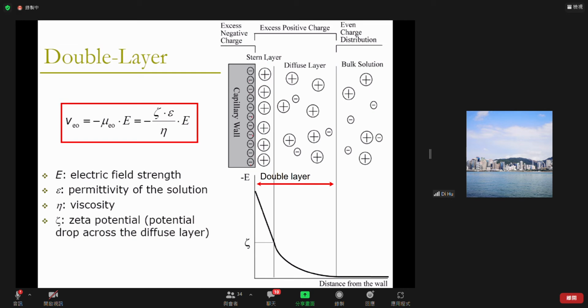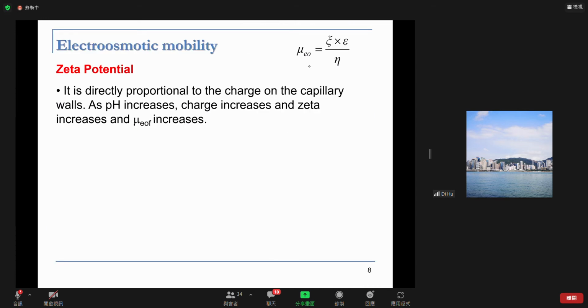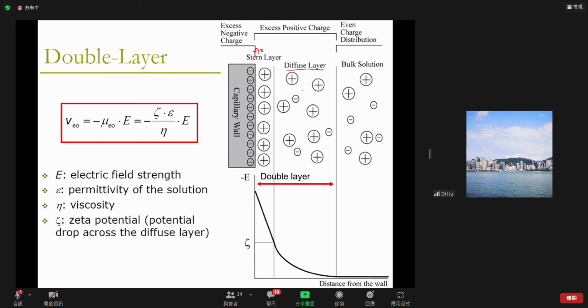So this one is the Stern layer. It's also a fixed layer, that means a fixed layer. And then the cations are more tightly bound to the capillary wall. And then there's a diffusion layer, or mobile layer, where the cations are more loosely bound, as you can see here.